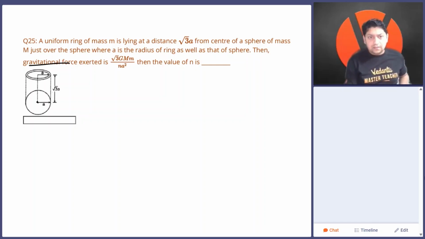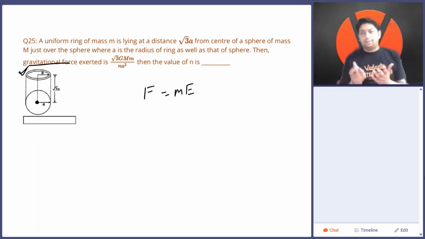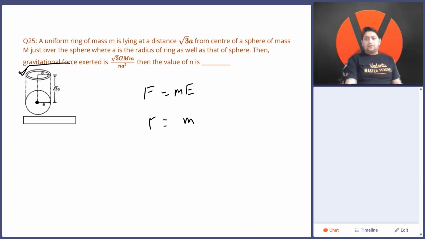Now we can consider the mass of this whole sphere to appear at its center. And we can consider the sphere as present in the field of this ring. The force is nothing but field into mass. This is the mass of the sphere.